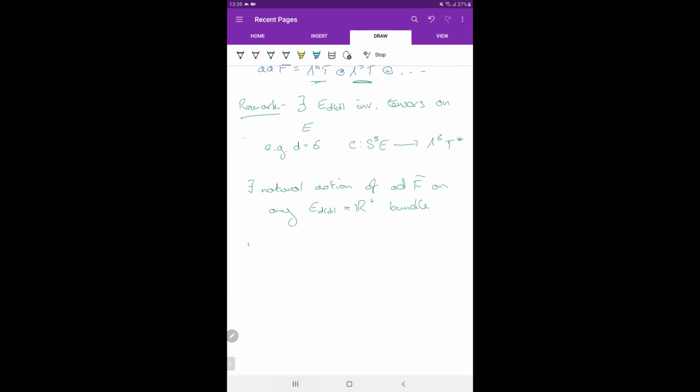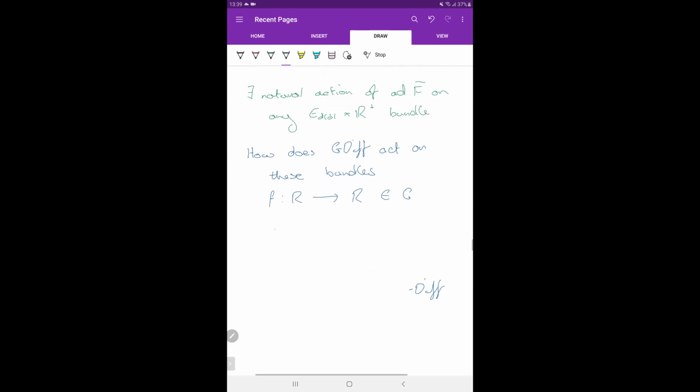Okay, how does gdiff act on these bundles? Well, again, we can write any generalized diffeomorphism action on any of these tensor bundles as the combination of a diffeomorphism, the usual diffeomorphism, a closed 3 form, and a closed 6 form.